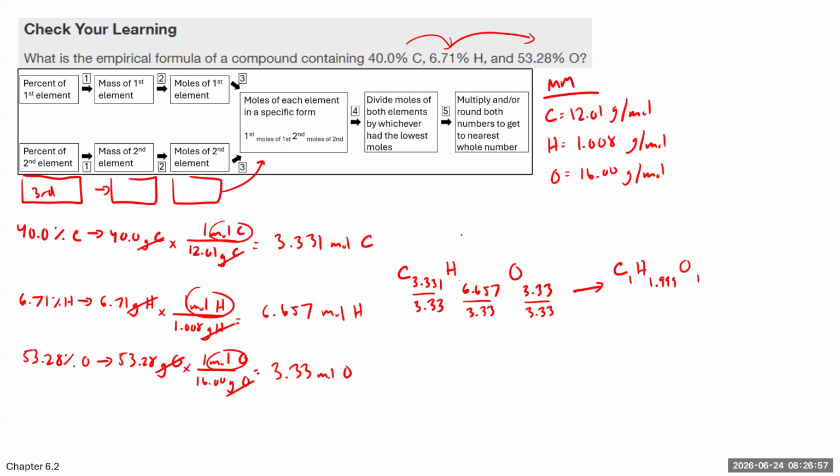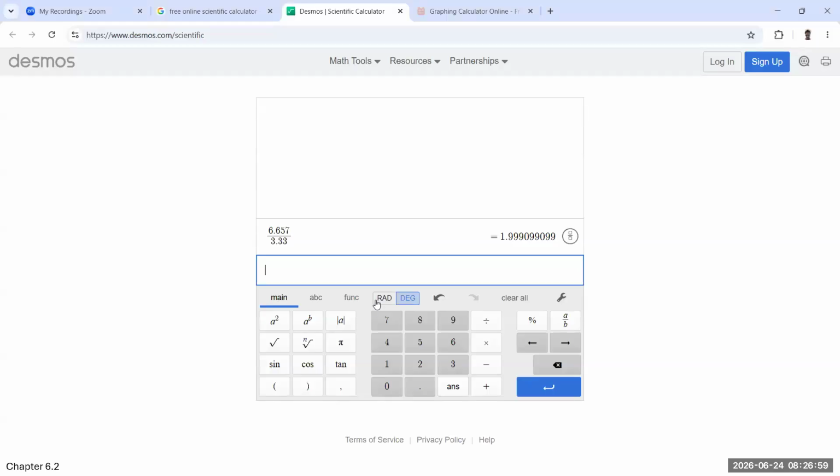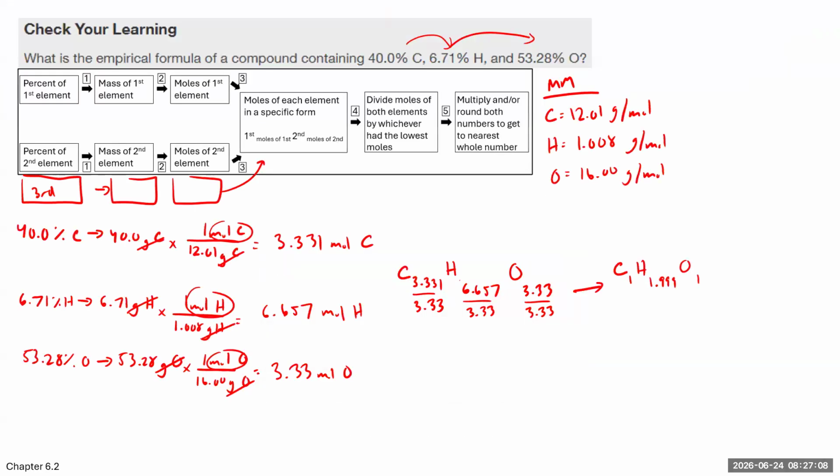Let's actually do the other one. 3.331 divided by 3.33. Just curious. See, that's just 1.000. So here we go. We're just going to round, and it becomes C1H2O1.